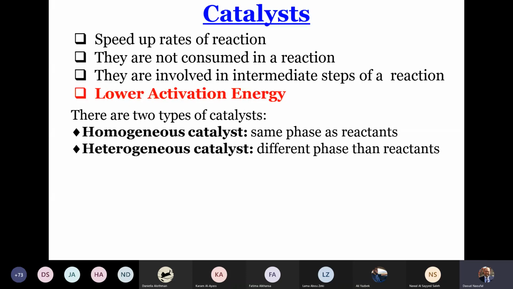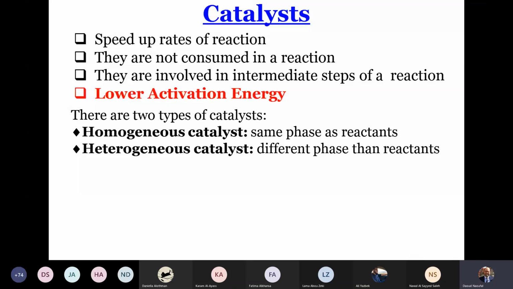So in this case, the catalyst added is homogeneous. The heterogeneous catalyst is a substance added, and you could distinguish your catalyst from the phase of the reactant. So you obtain at least two phases. And in this case, the catalyst is called heterogeneous.